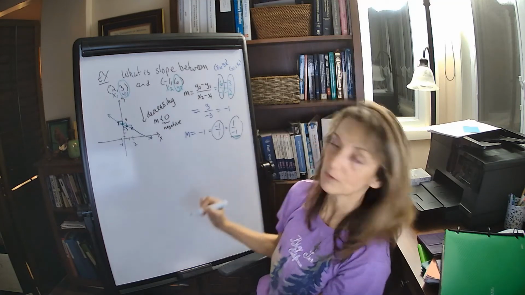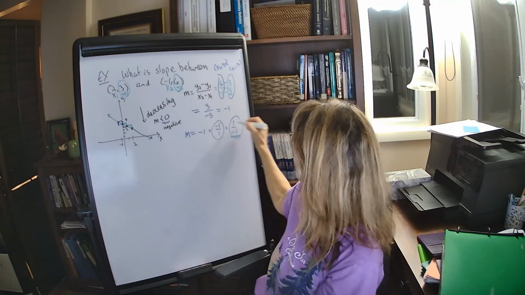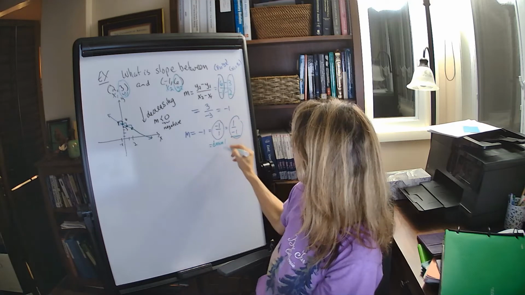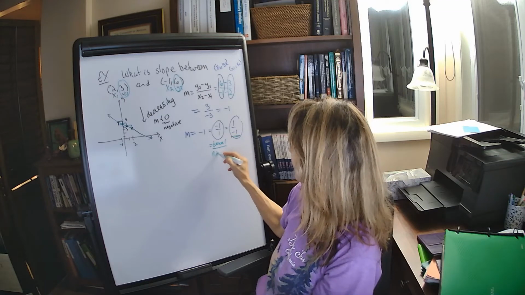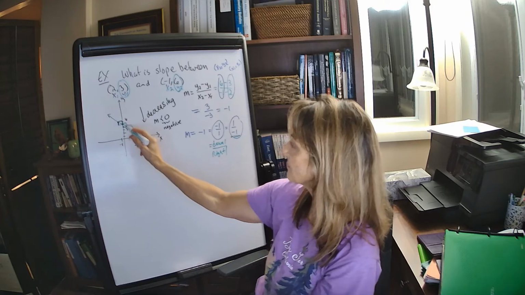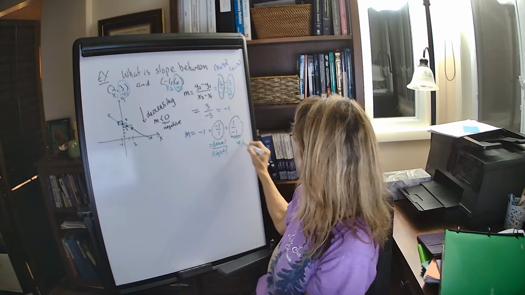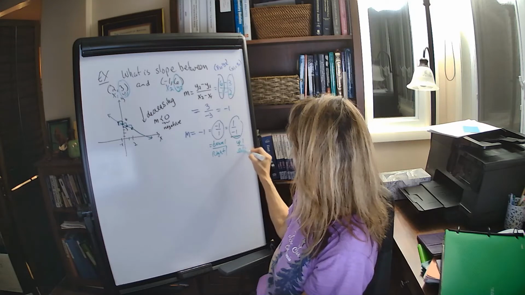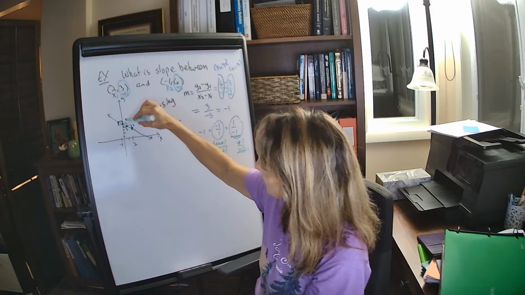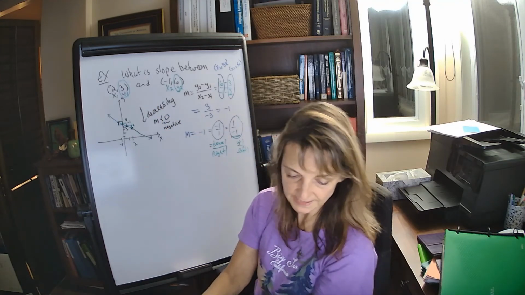Sorry, I meant to say to the left 1 because it's a negative 1 in the denominator. So remember, that's rise over run. So this is down 1 over to the right 1, and that's coming down. This is up 1, left 1, up 1, left 1. Okay, hopefully that makes sense to you.